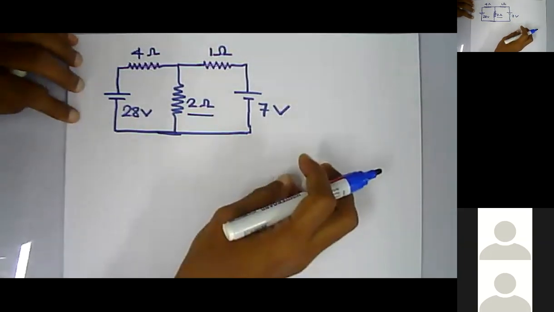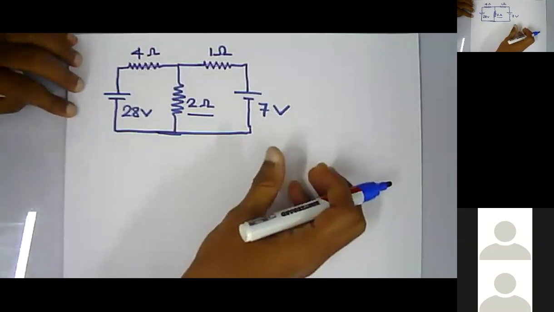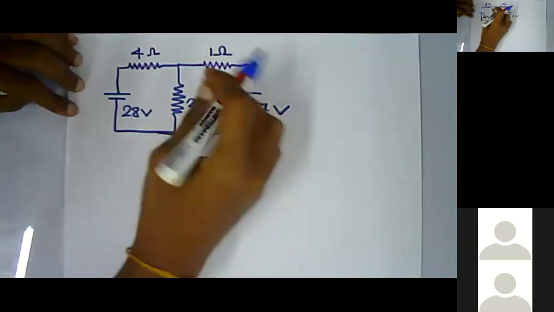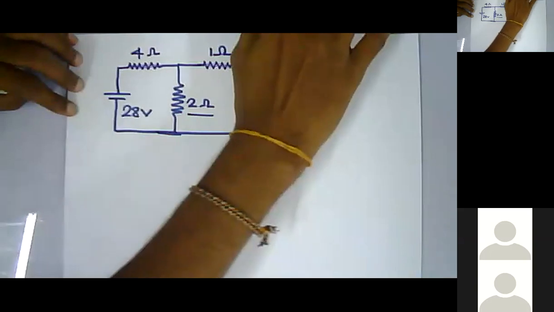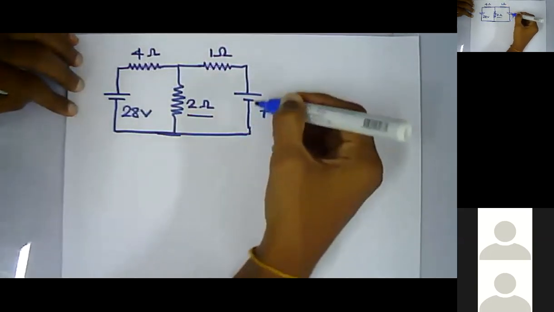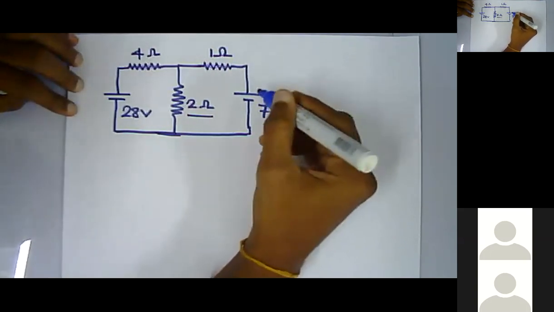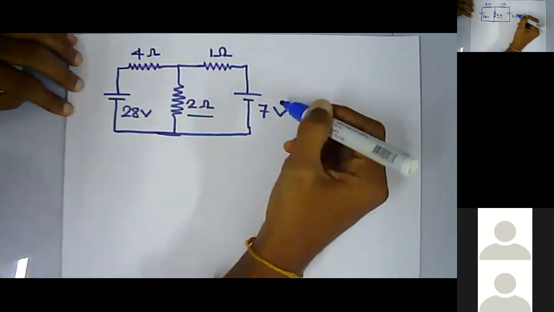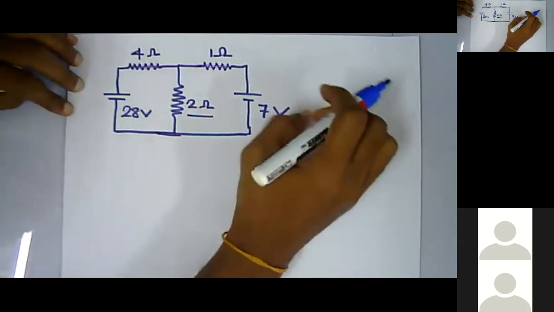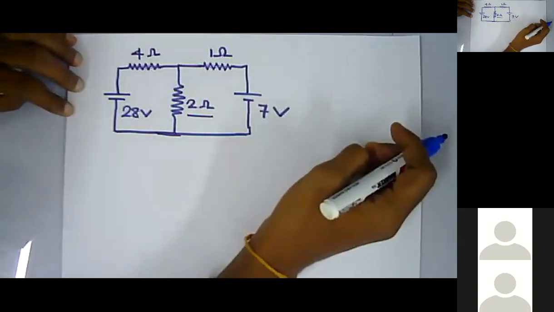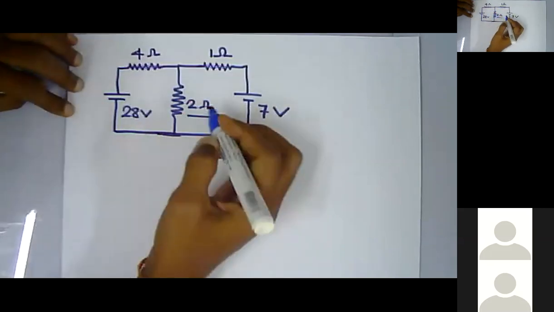What the theorem says is, if you calculate the current through this 2 ohm resistance without this 7 volt battery, you have to replace the battery with its internal resistance. If it does not have any internal resistance, just simply short circuit it and then calculate the current.